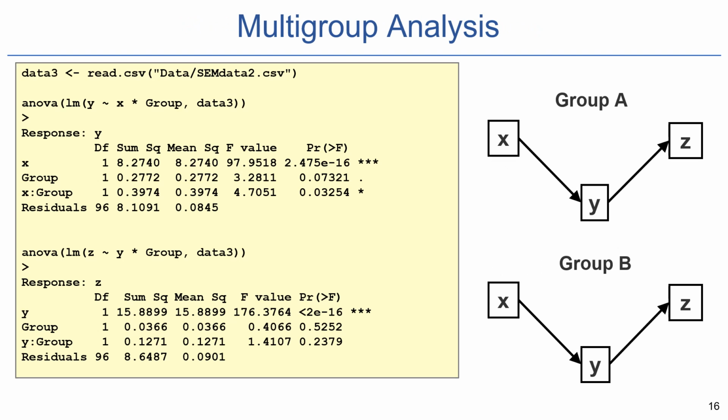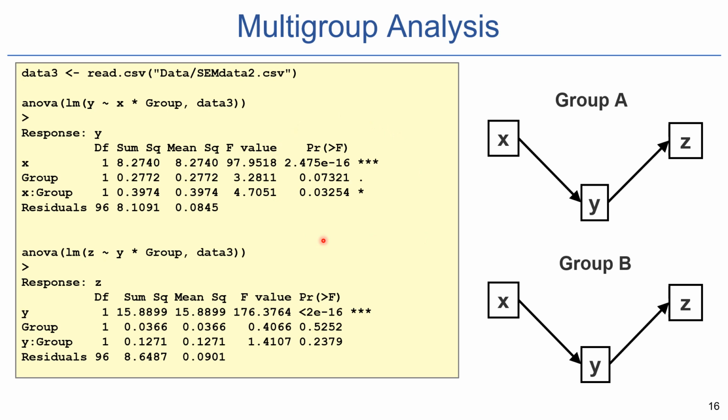So let's consider an example using our data, the SEM data 2 CSV file on Blackboard, and we would fit separate submodels for this model. And this is how they would look, that Y is affected by X and the group, which interact. The second submodel would be Z affected by Y and group, which also interact.